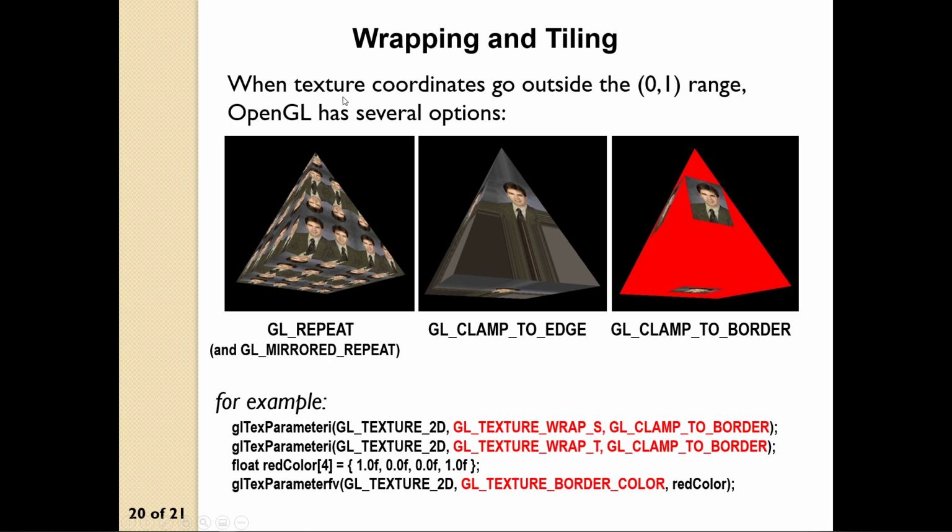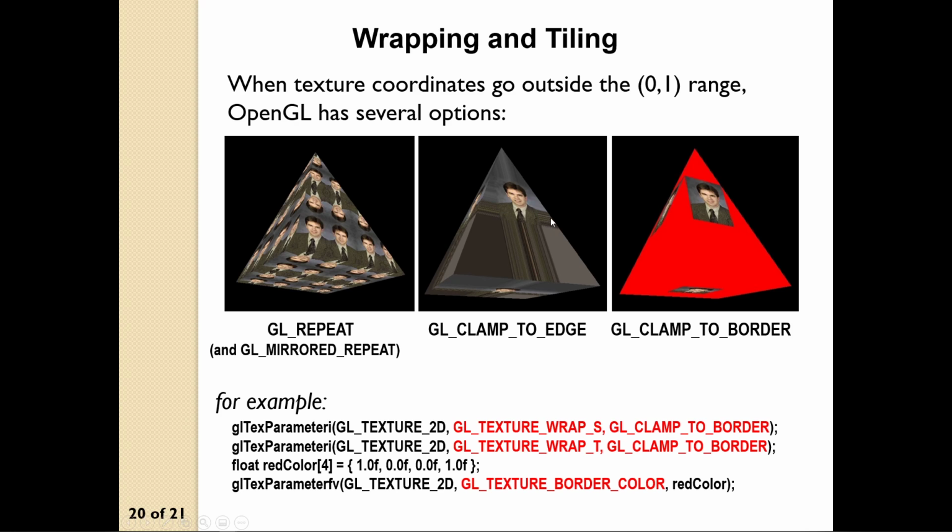What happens if you have texture coordinates outside the 0 to 1 range? OpenGL has several options for you. You have repeating, right? So it's just basically going to use the remainder and figure out that's what it would have been. So if you said 3, that becomes 1. If you said 3.5, that becomes 0.5, and it's going to map appropriately across the triangle. You can also use clamp to edge, so 3.5 would become 1.